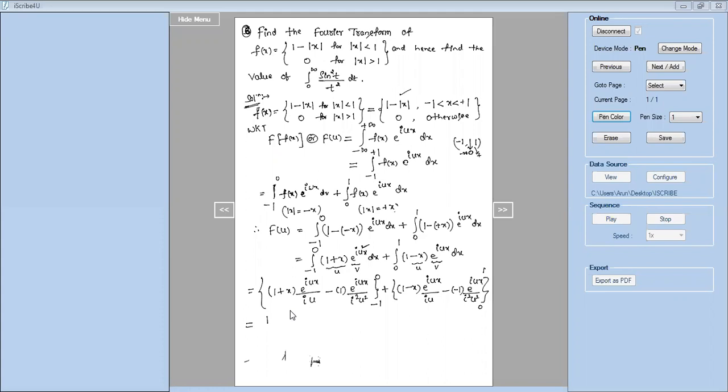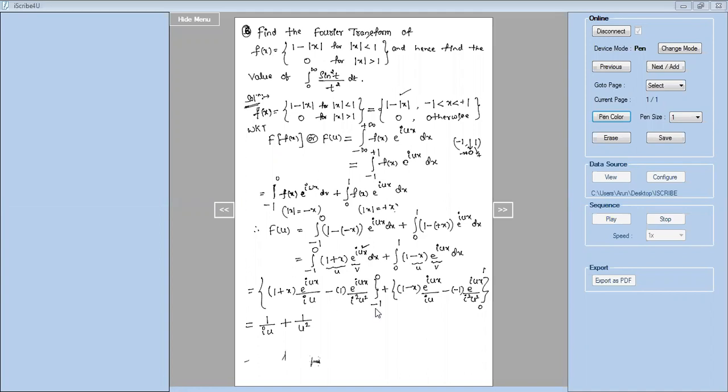Next, coming to this term, you put x is equal to 0, it is e power 0, e power 0 is 1, 1 by i square u square. But you know i square is minus 1, minus into this minus, it is plus, correct, it is plus 1 by u square. So this is by putting upper limit for this.